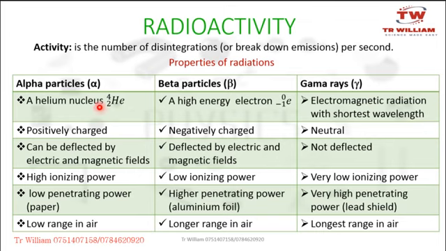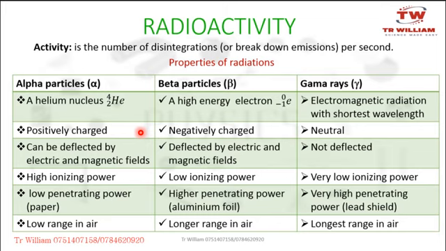Now, since we know that the alpha particle is the nucleus of a helium atom, in the nucleus we find protons and neutrons. So it has 2 protons, and protons carry which charge? Positive, correct. So alpha particles are positively charged, with a charge of positive 2 because each proton carries 1 positive charge.